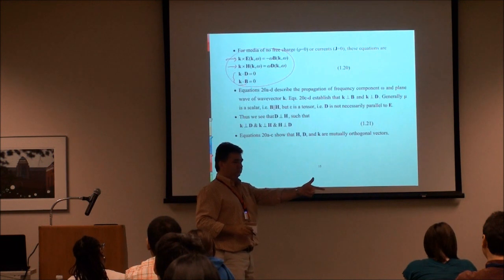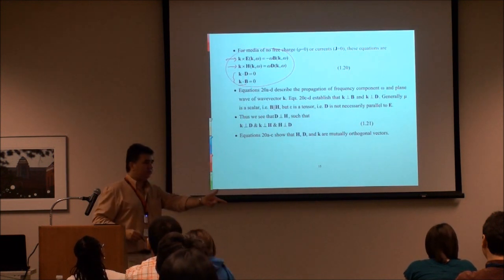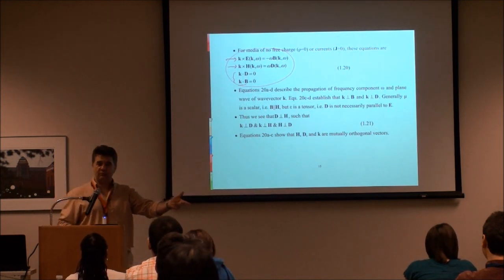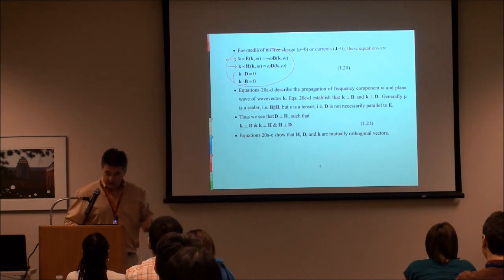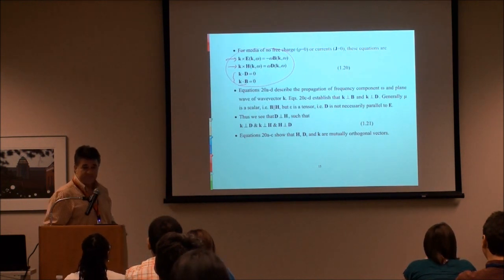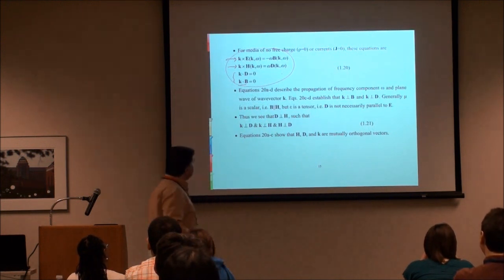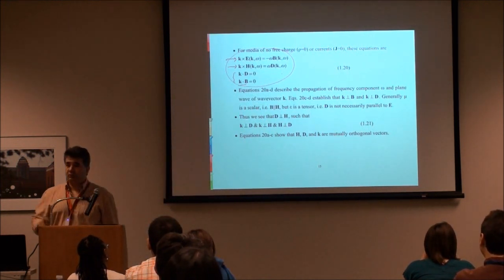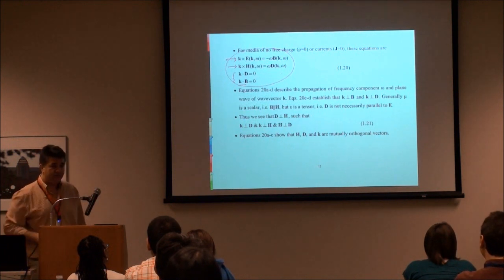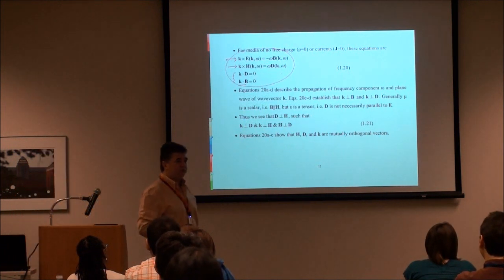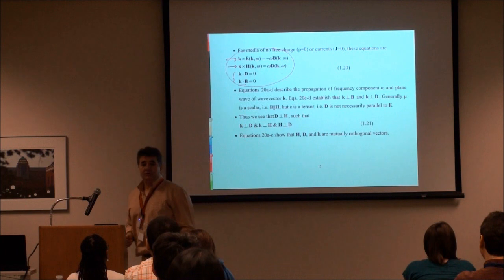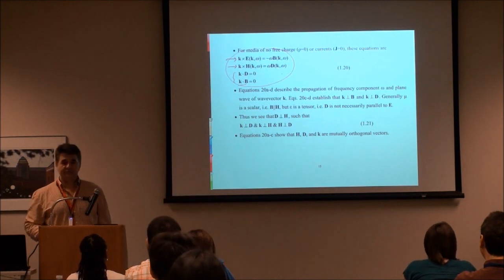I have maybe two components of the e, two components of the d, two components of the h, two components of the b. They are all related this way. That's it. Okay? Do you have any questions about this? So this is basically very simply showing you that light is a transverse wave without any magic.